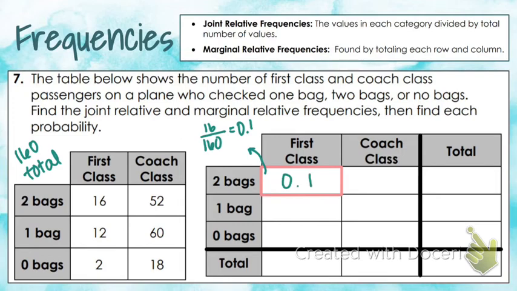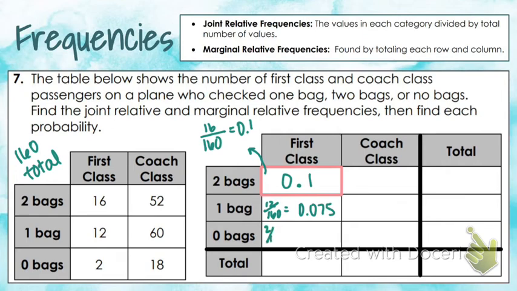And that kind of means that if we were to make this a percent, it would be 10% of the time this is what happens. All right, so this is going to make more sense as we go. Right now, we're just going to follow the rules and fill it in. So this one is going to be 12 divided by 160, and it is going to give you 0.075.